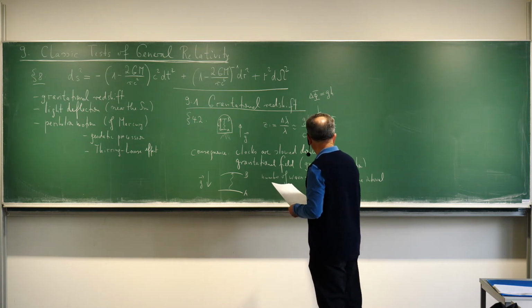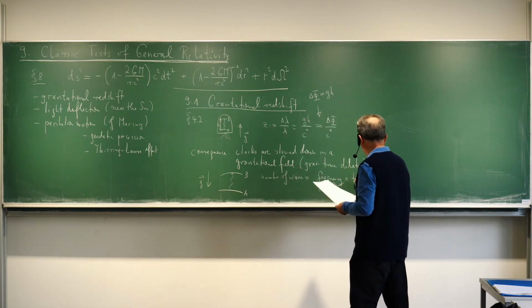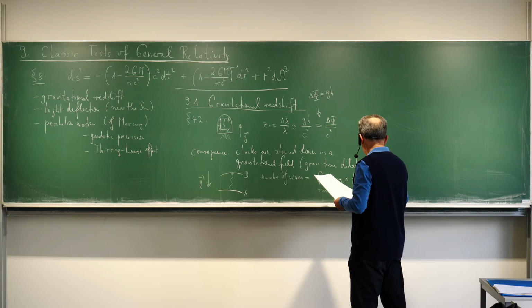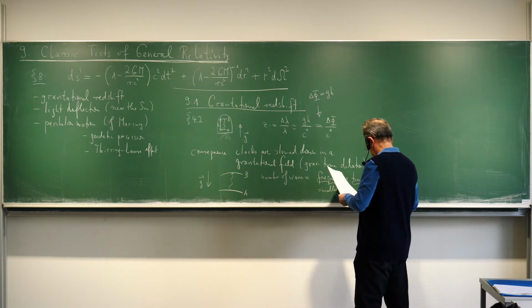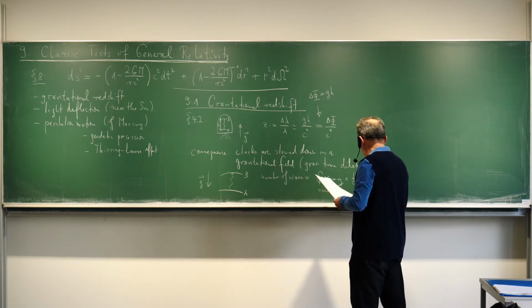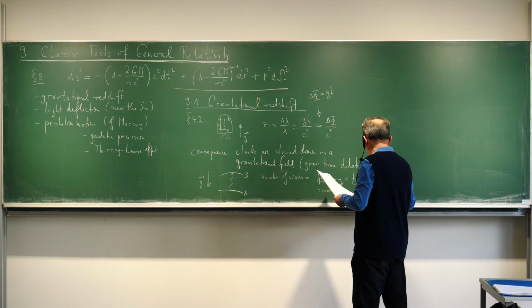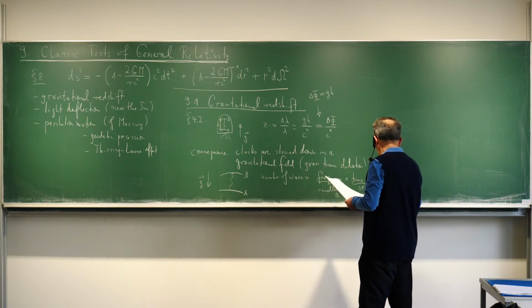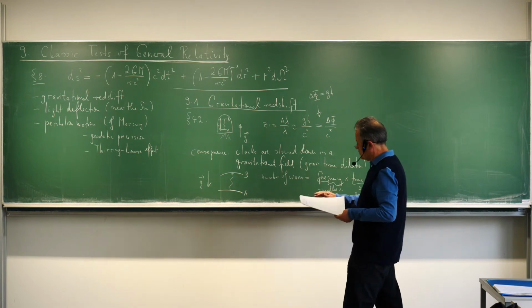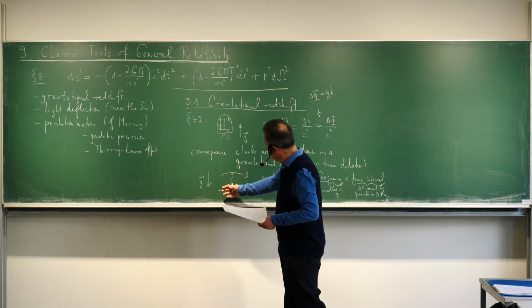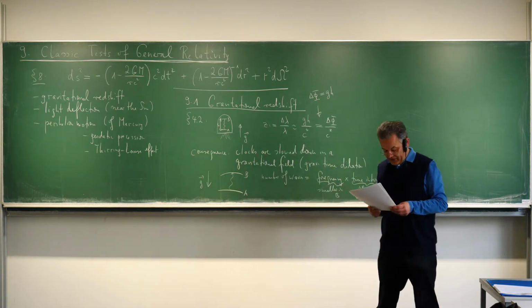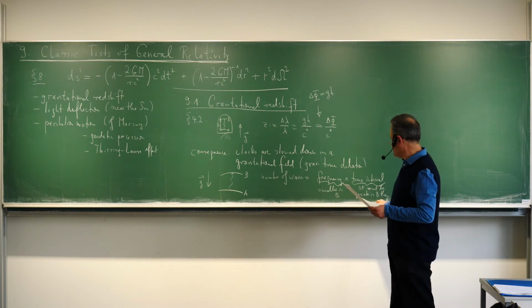So the frequency is smaller in B, so delta t must be greater in B than in A. Now, so the clocks are, as we say, slowed down if we are closer to the center of a gravitational field.